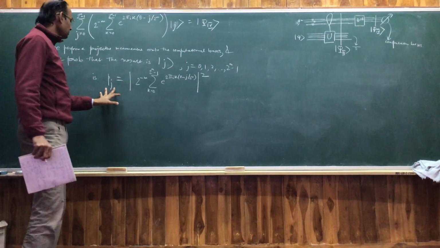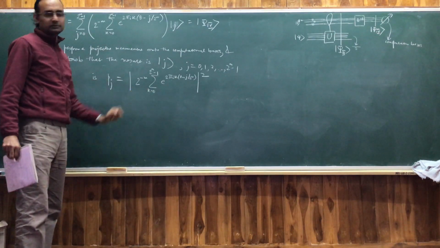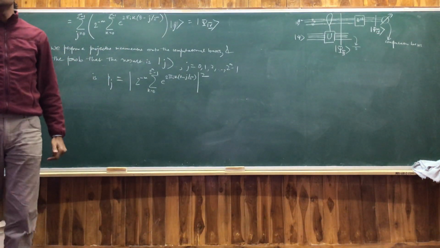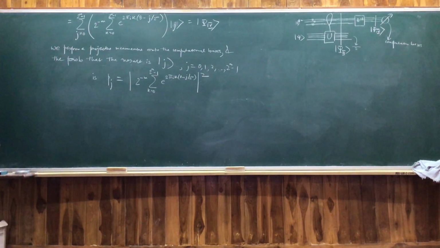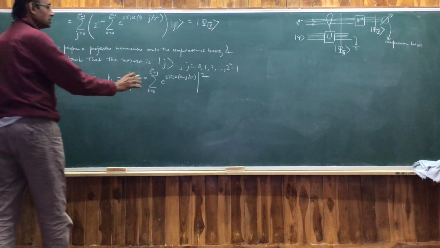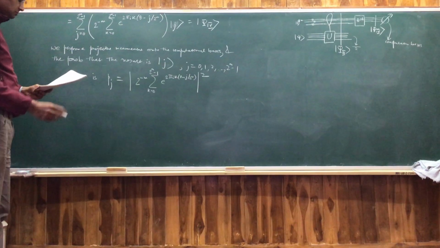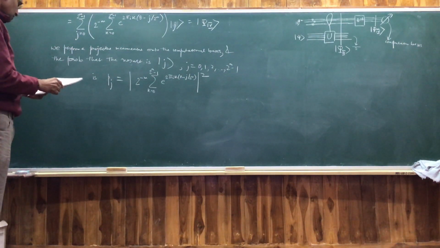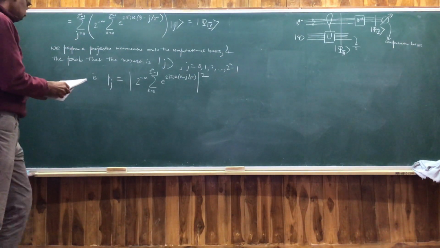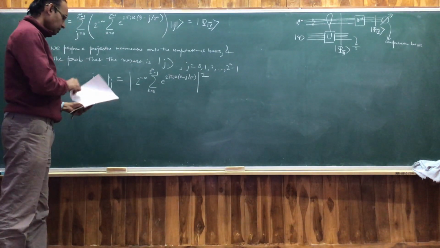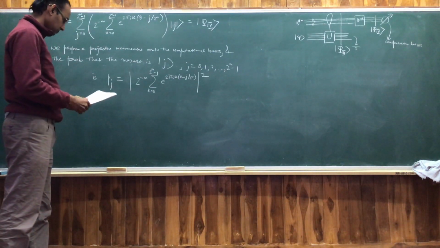Now that same probability, for an arbitrary j and for an arbitrary theta, which we still don't know, is this. There is some algebra now which I will not do.